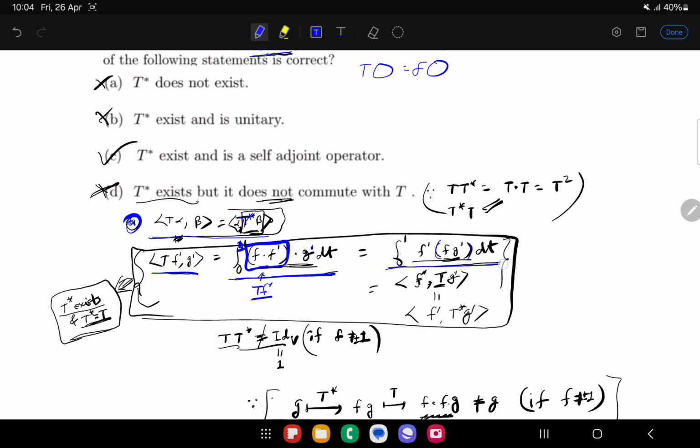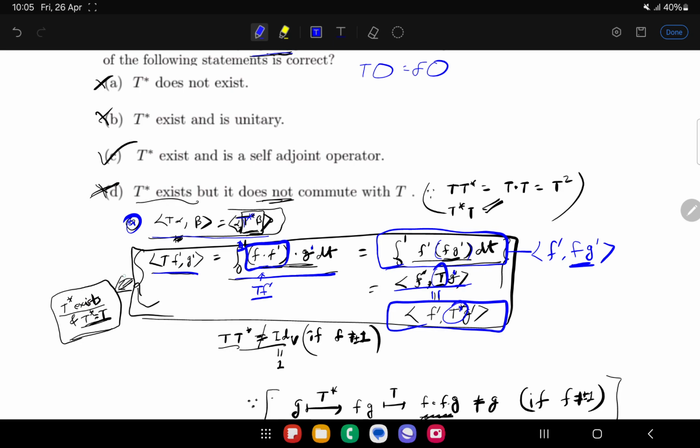So now look at it carefully. By the definition, this is nothing but the inner product of f' and f g', but f g' is again T g', right? That is what is written here, and this matches with f'. By the defining property and uniqueness of T star, we got T only.